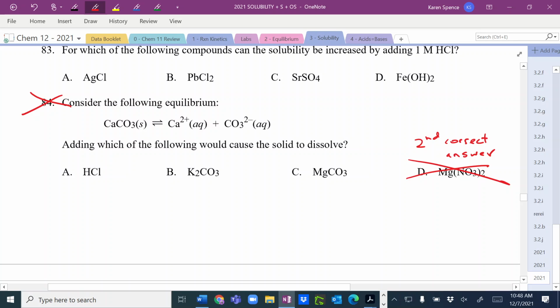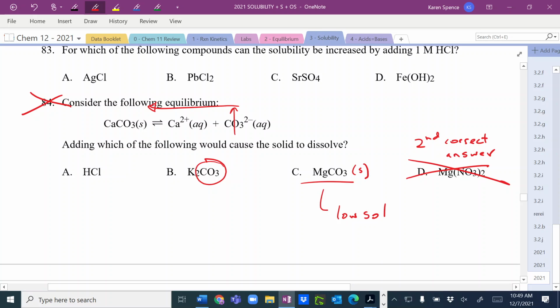If I get rid of that one, which would cause more of the solid to dissolve? Well, it can't be CO3, right? Because that would cause it to shift to the left. It can't be MgCO3 because that is a low solubility salt.